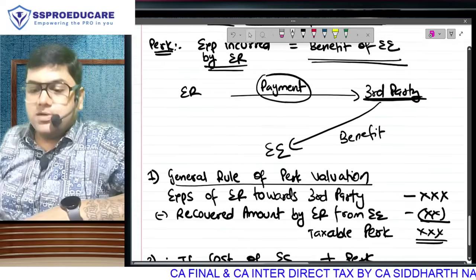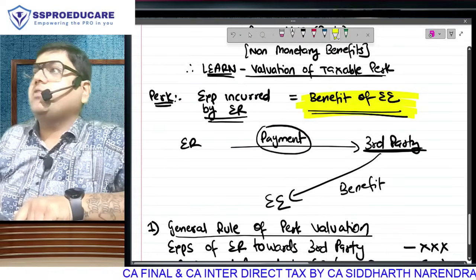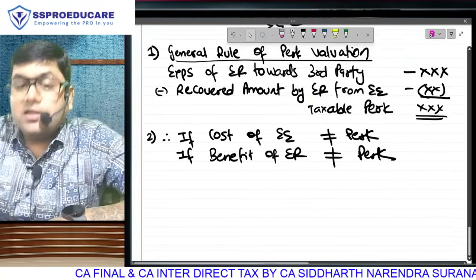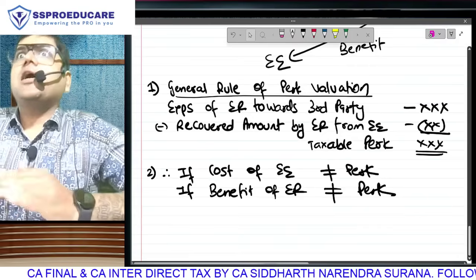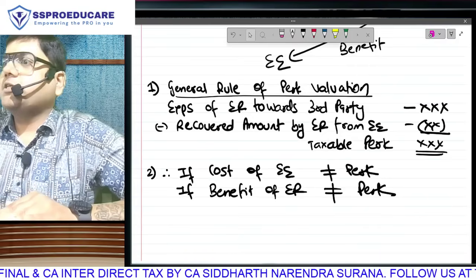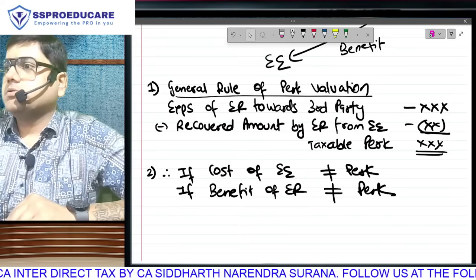So no, it can't come here. It is compulsory that the benefit is of the employee. Otherwise, it can't be perquisite. Supposing your boss has put some chairs and tables in the office. It can't be perquisite because you are sitting in that. Your boss has installed ACs in the office, it can't be perquisite. You understand?